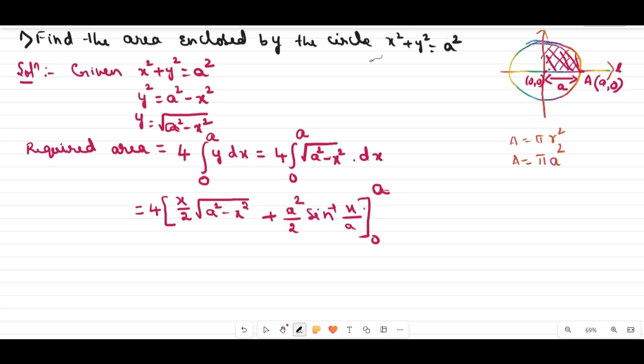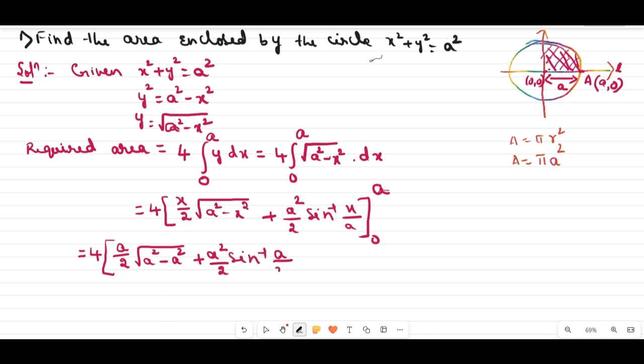Now I will apply the limits, upper limit as well as lower limit. Always first consider the upper limit. Wherever you are having x, apply the upper limit: a by 2 into root of a square minus a square plus a square by 2 into sine inverse of a by a.